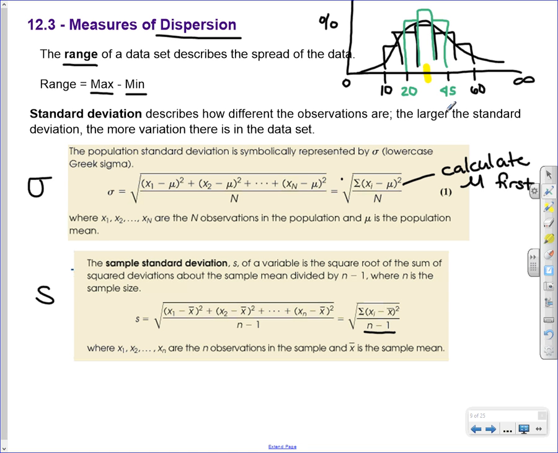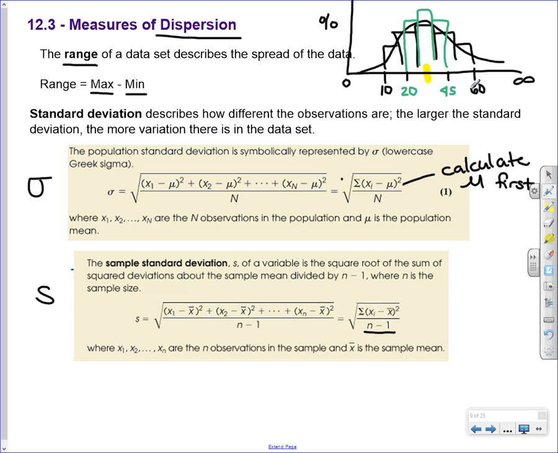But the students tended to do better on the green one because it had a smaller window of those grades, a smaller range. They only went from 20 to 45 instead of 10 to 60. So they were set around that average closer than what the black was doing. Okay, so the range gives us just a quick idea of where the data is.